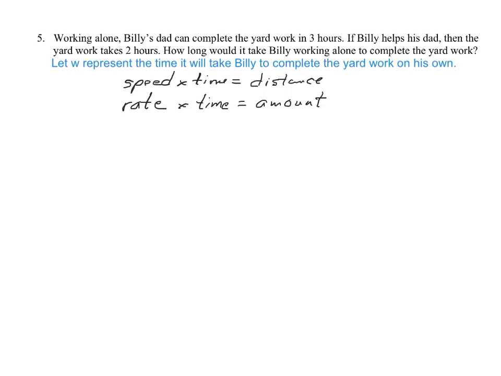So let's think about Billy's dad's rate of work. Well, since Billy's dad can complete the full job in 3 hours, then what we could do is we could say that he can complete 1/3 of the job per hour.